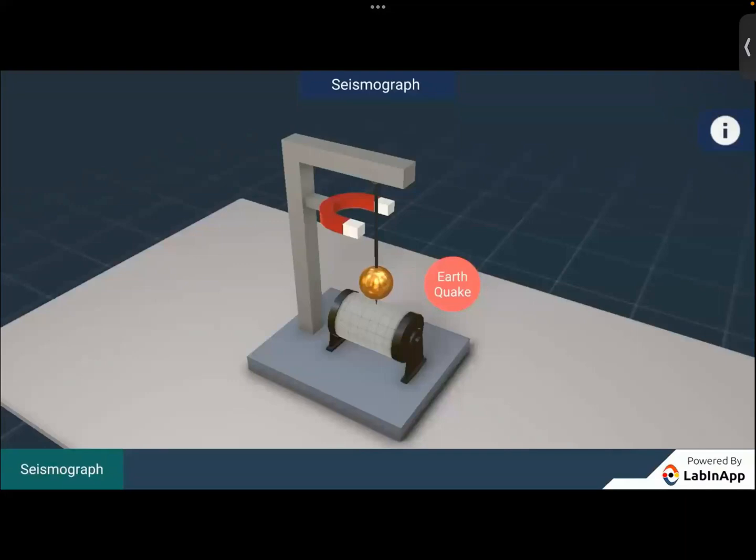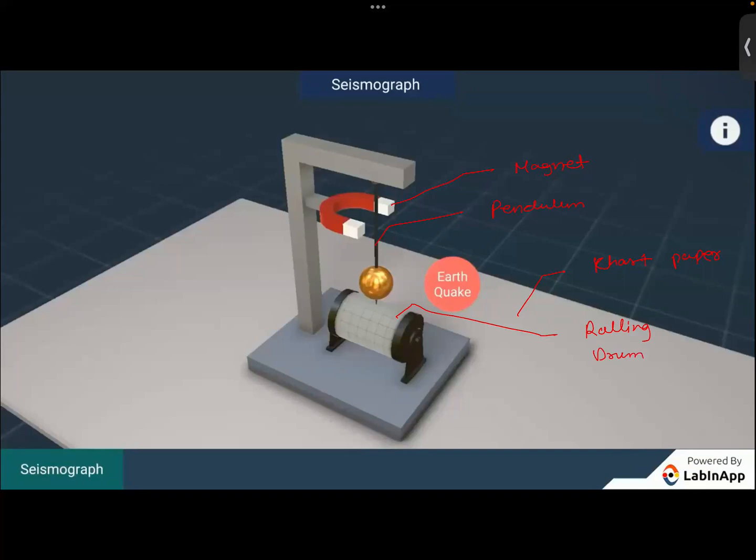See this here. This is a pendulum, and this is a horseshoe magnet. This is placed on a chart paper, and this thing here is a rolling drum.